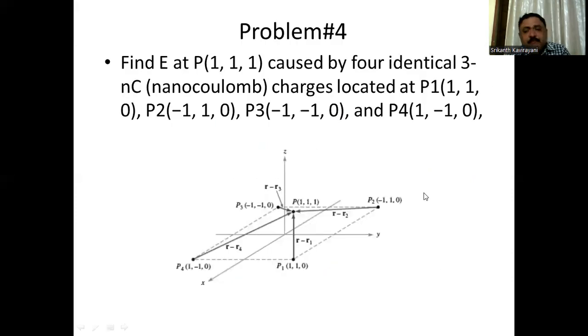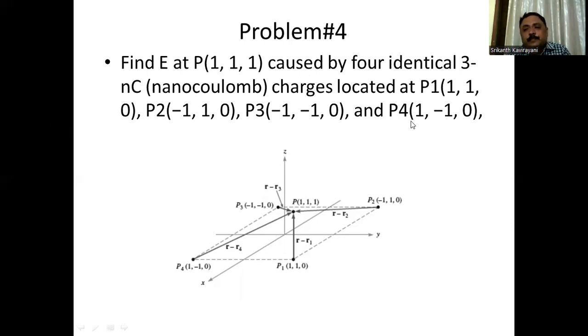So we are trying to evaluate this particular electric field for a particular problem. Let us say we try to evaluate the electric field at a point P(1, 1, 1), caused by four identical 3 nanocoulomb charges located at P1(1, 1, 0), P2(-1, 1, 0), P3(-1, -1, 0), and P4(1, -1, 0).